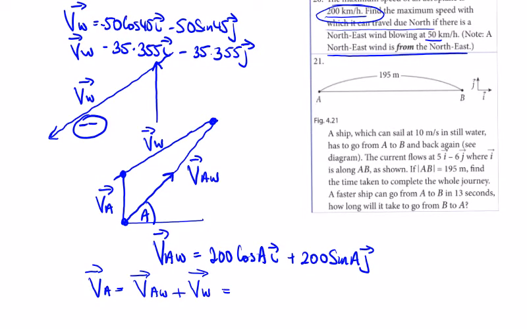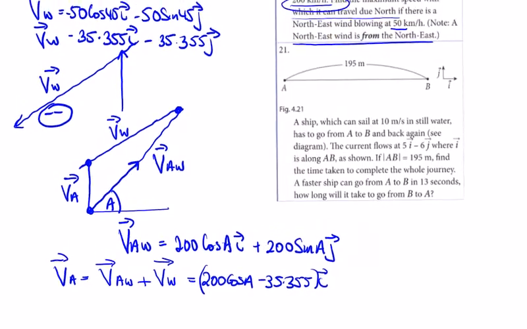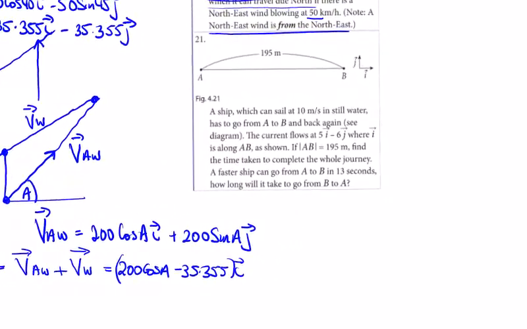So that's going to give me 200 cos A minus 35.355 in the I direction, plus 200 sine A, and the same again, minus 35.355 in the J direction.